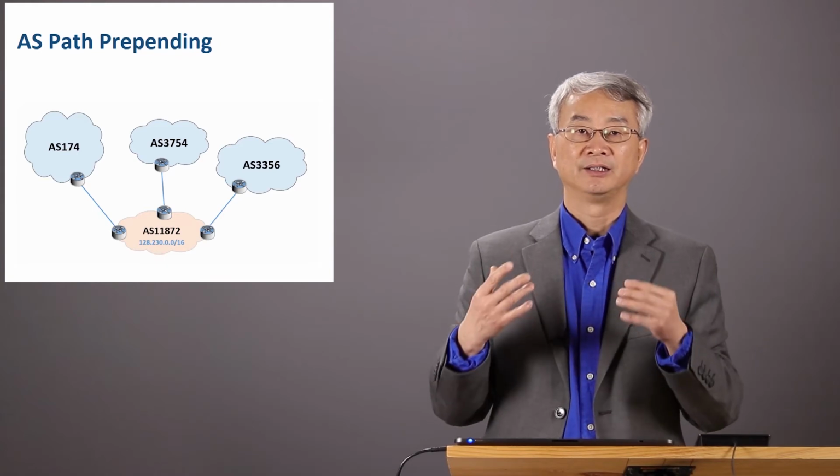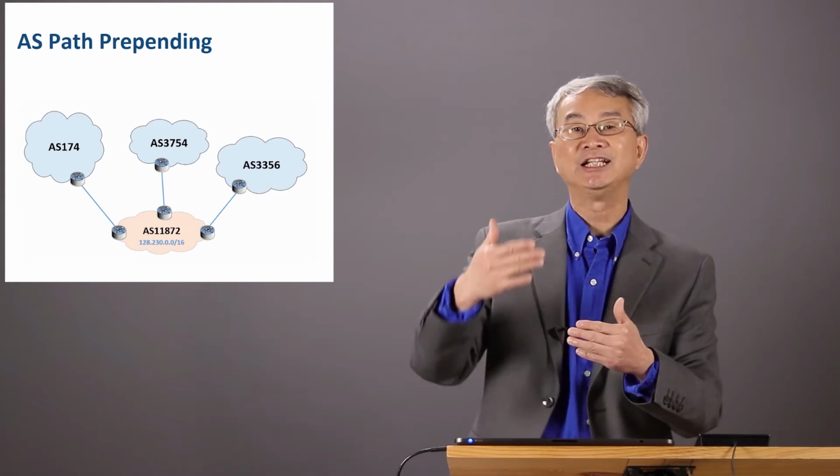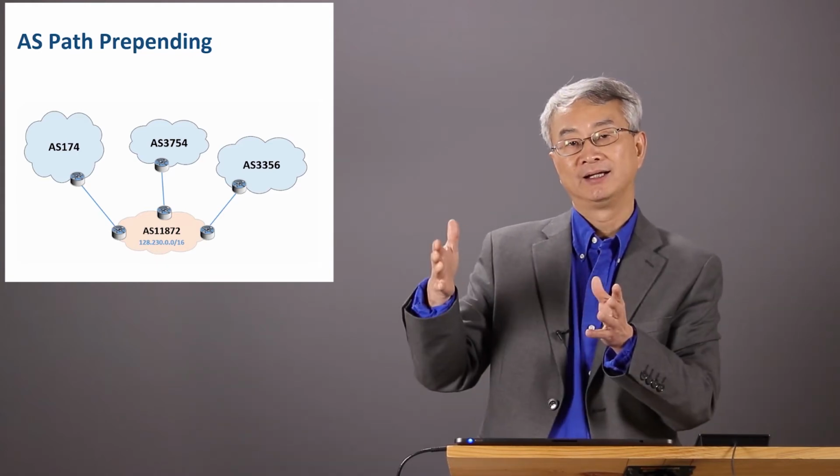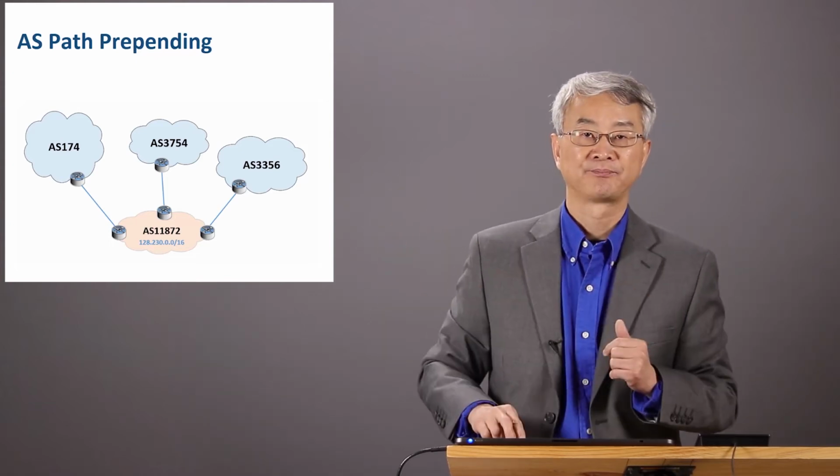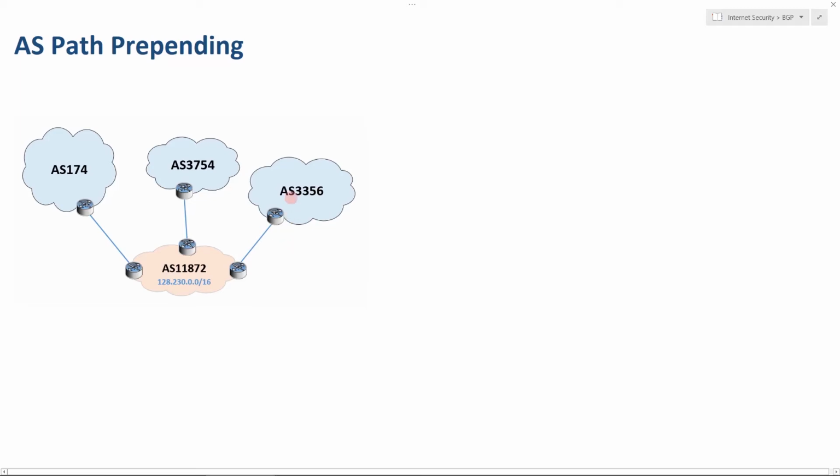So in that case, I will intentionally make the path longer on one of the links. For example here, if I just announce 128.230.0.0/16 to all of these links, the chances are the traffic could come from any of them.